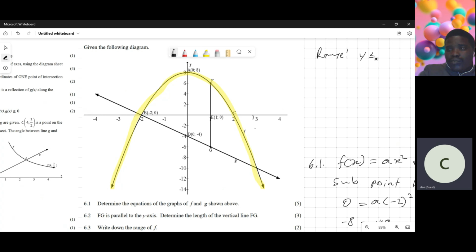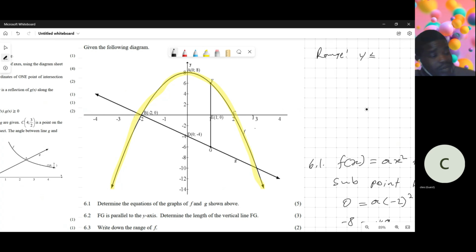q is a negative 4. Tendo, what is the value of q again? 6.1 f of x. Oh, I think q is a negative 8.